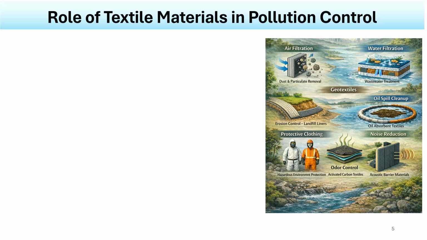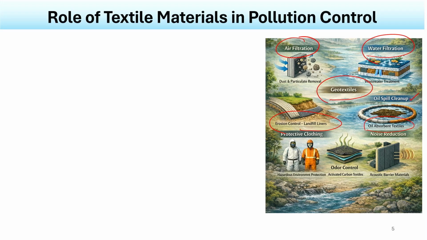Now, let us try to understand the role of textile materials in pollution control. We can use textile material for air filtration and water filtration. We can use geotextile for erosion control and landfilling, and for oil absorption, so oil spill cleanup can be done.